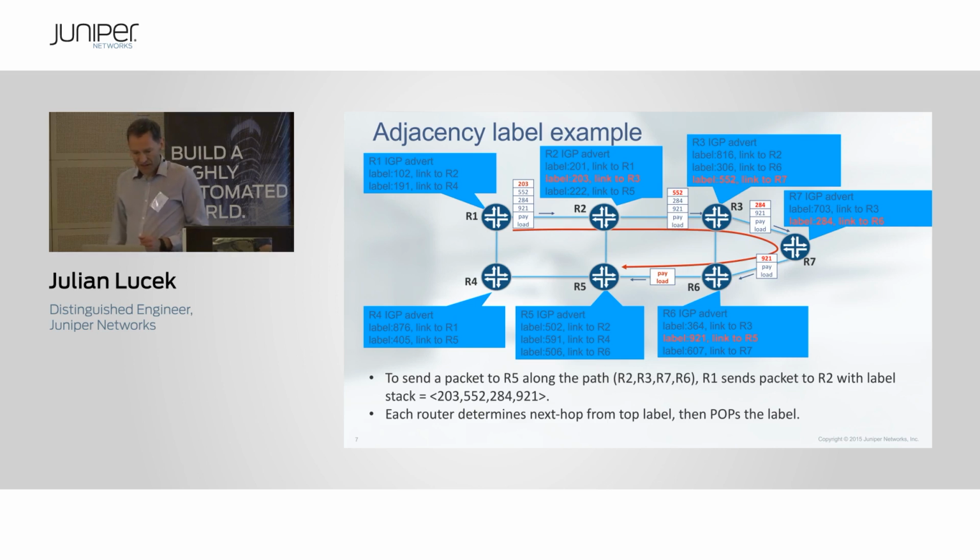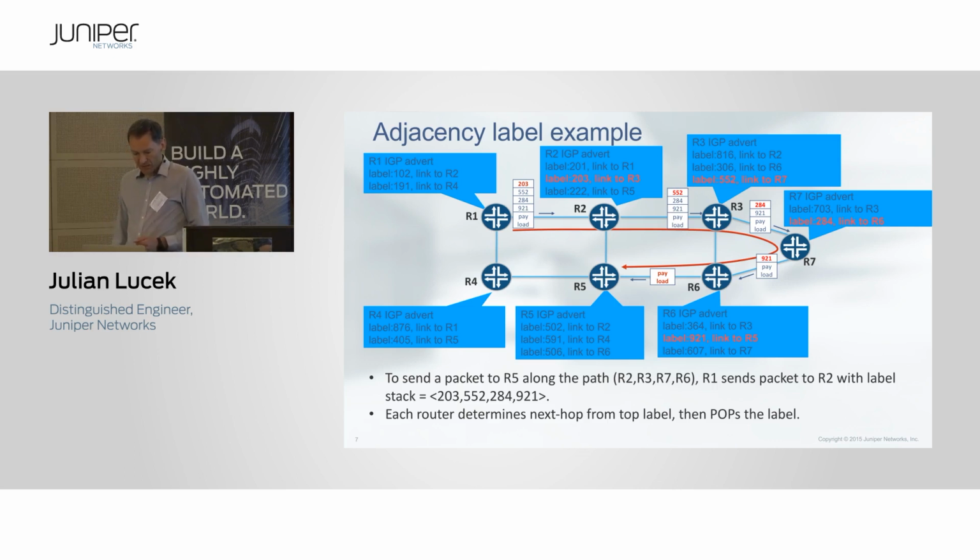So if we look at the label stack in a little more detail, because R1 wants the packet to go from R2 to R3, R1 must put in the label stack the adjacency label that R2 has advertised for its adjacency with R3. That adjacency label is highlighted in red, and you can see in the diagram it's labeled 203, and so that's the top label that R1 pushes onto the packets it sends out towards R2.